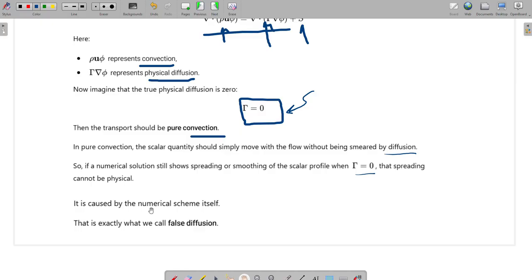It is caused by the numerical scheme itself. That is exactly what we call false diffusion. Okay? Please repeat this text again for yourself.